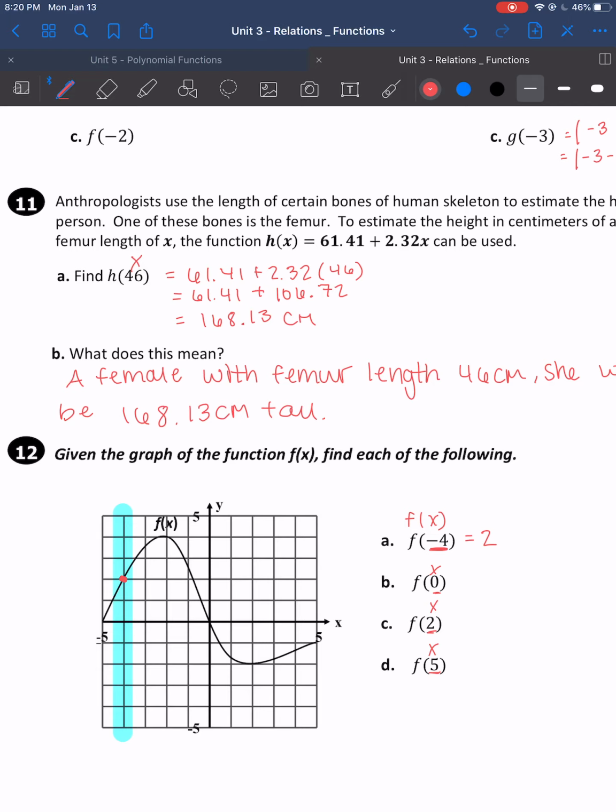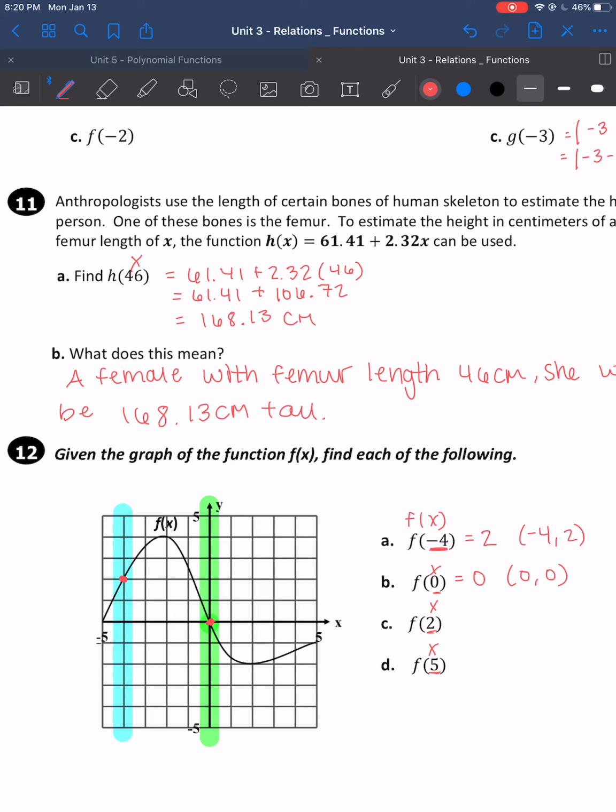All right, so let's do another one. If f of x and x is 0, so x goes right through the origin. Since it goes right through the origin, your point is just right at the origin, at 0, 0. So you could write these as ordered pairs. This one would be 0, 0. This one would be negative 4, 2.